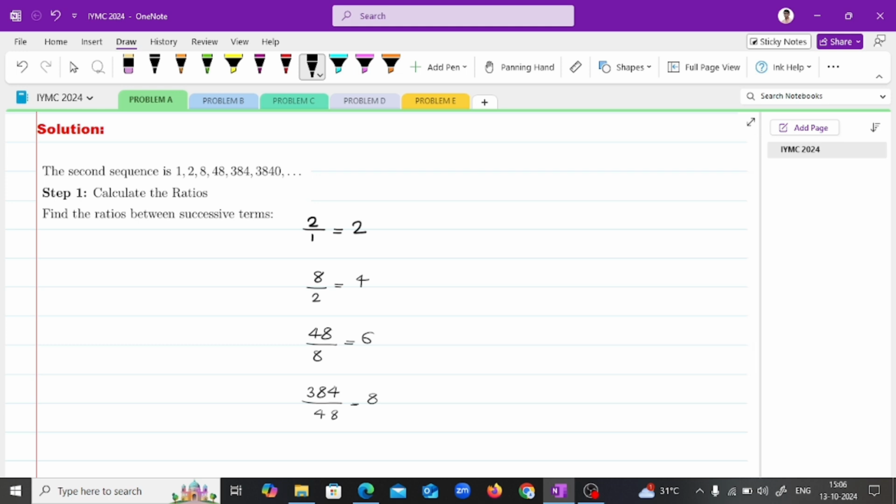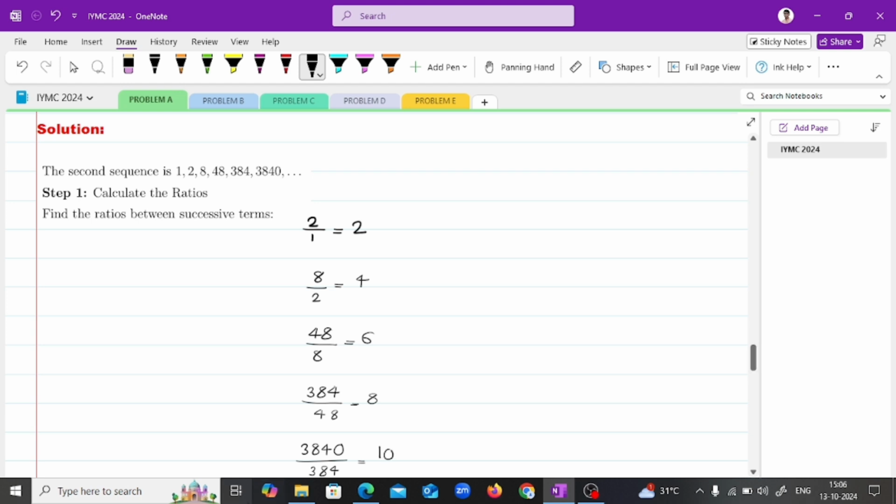Now the sixth term of this sequence is 3840 and the fifth term of the sequence is 384, so 3840 upon 384 is equal to 10.